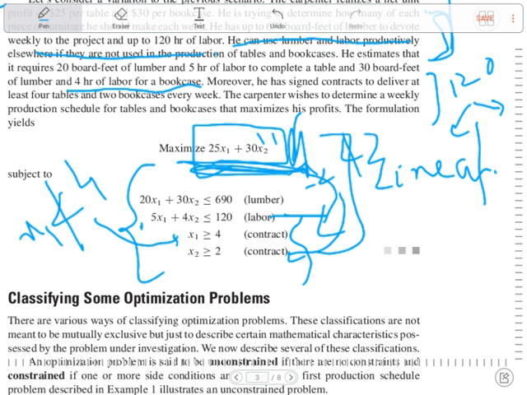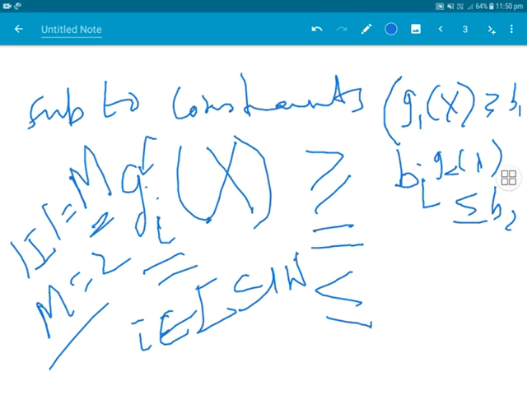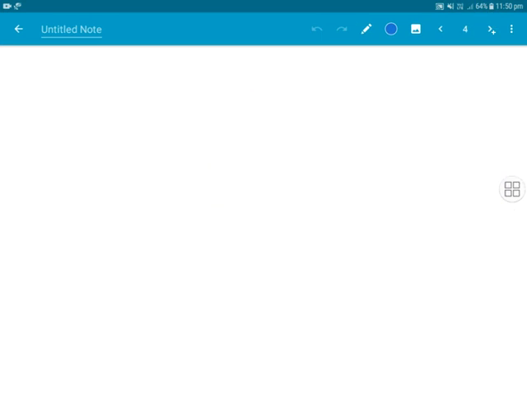Now for classifying optimization problems, let me show it separately. In any optimization problem, it can be classified on the basis of various parameters.